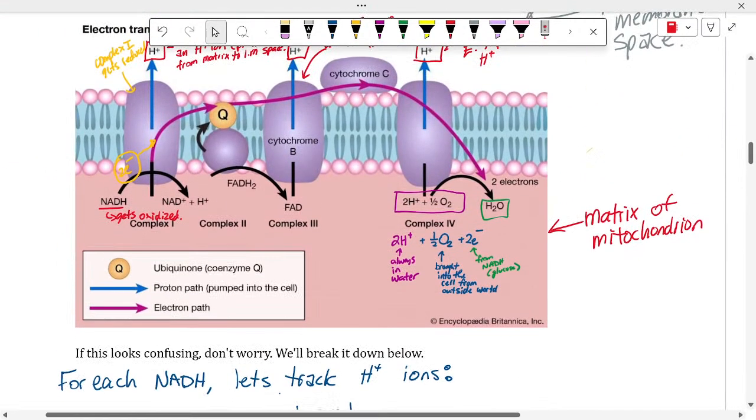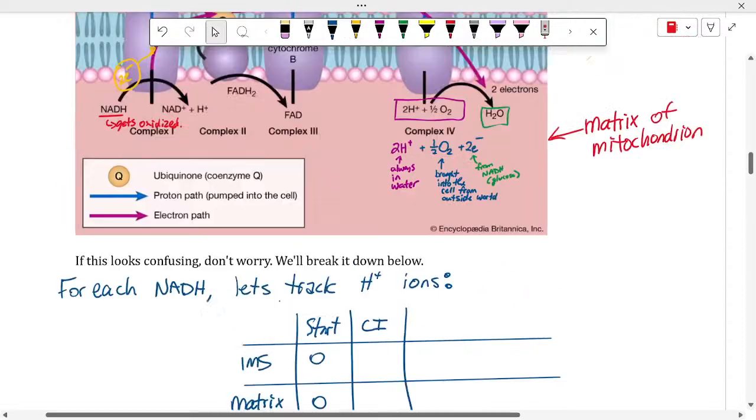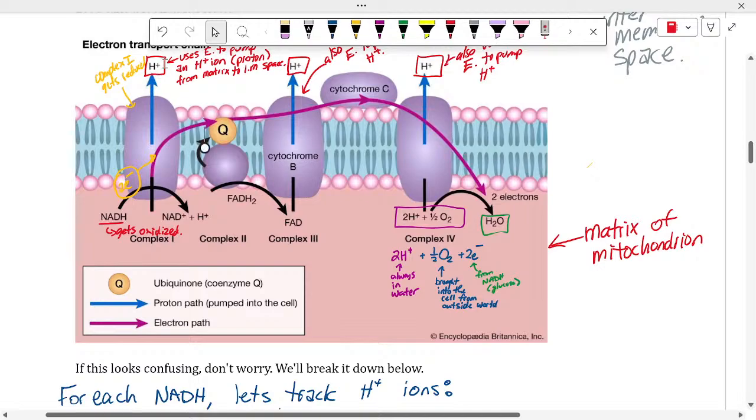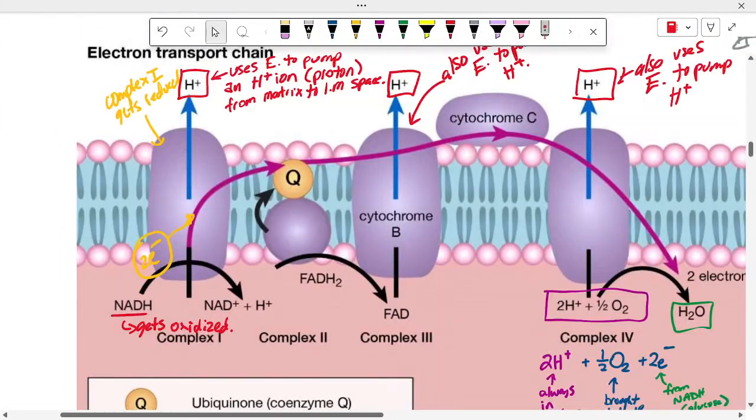At complex 1, what happens? Well, at complex 1, 1 H plus gets pumped into the intermembrane space, but 1 H plus also gets released by NADH. Do we see that?